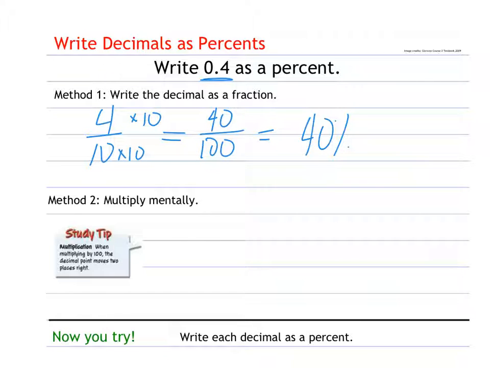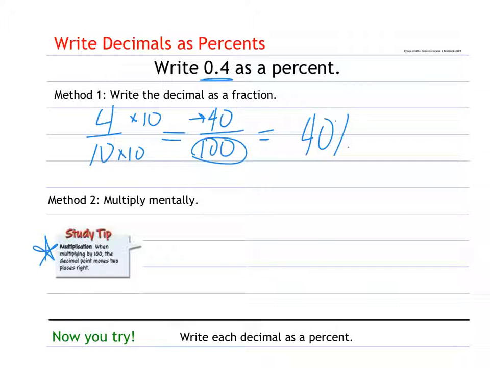So you can write it as a fraction and then get that bottom number to be 100, and then once this bottom number is 100, whatever your numerator is is what your percent would be. The other option is to multiply mentally. Just like when we were moving from a percent to a decimal, we move the decimal 2 to the left. When we're turning it to a percent, we go the other way.